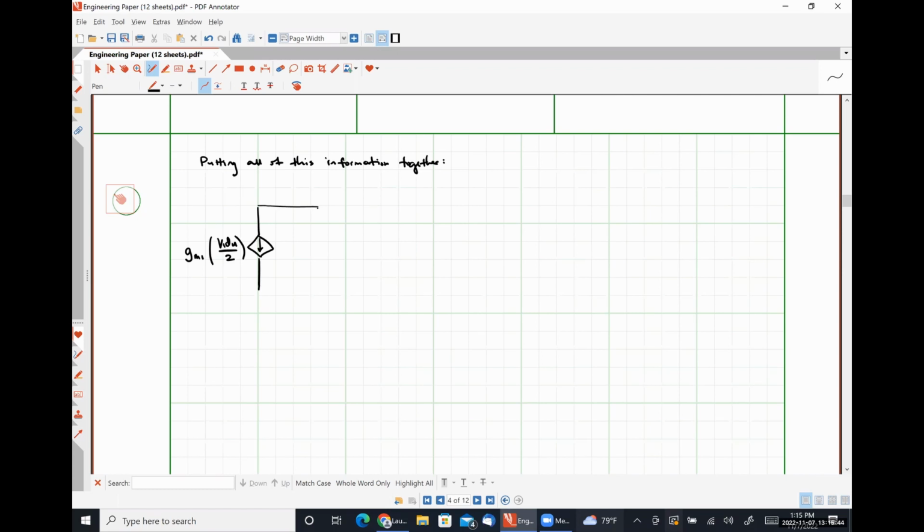In parallel with RX, in parallel with CX, and then this voltage is Vx. Over on the right-hand side here, and this is all going to share a common node at the bottom.